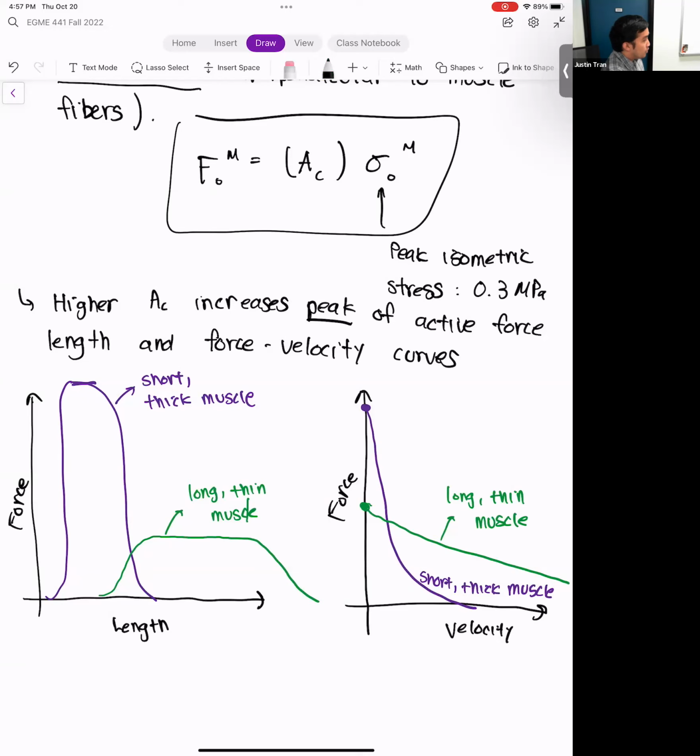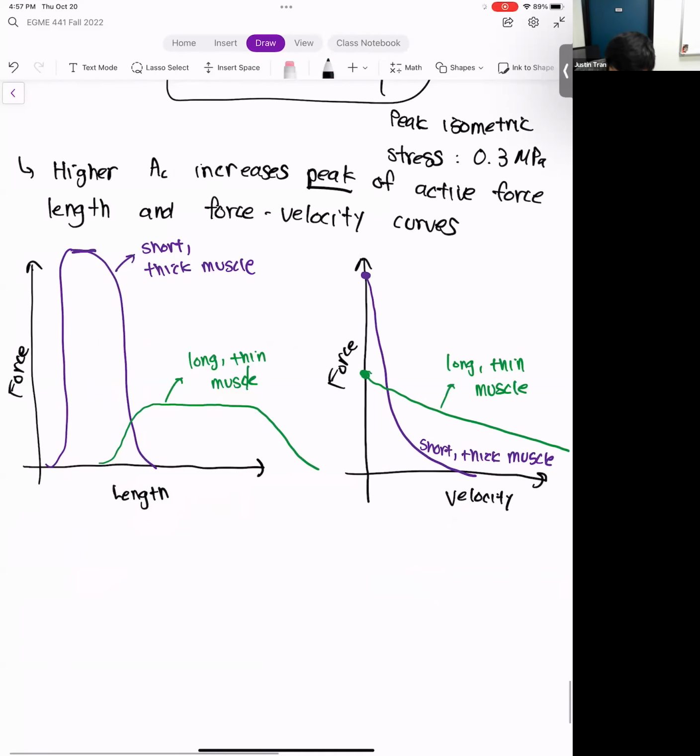All right, so that's property number 3. Parameter number 4 has to do with the shortening velocity. And so property number 4 is called the maximum muscle contraction velocity.